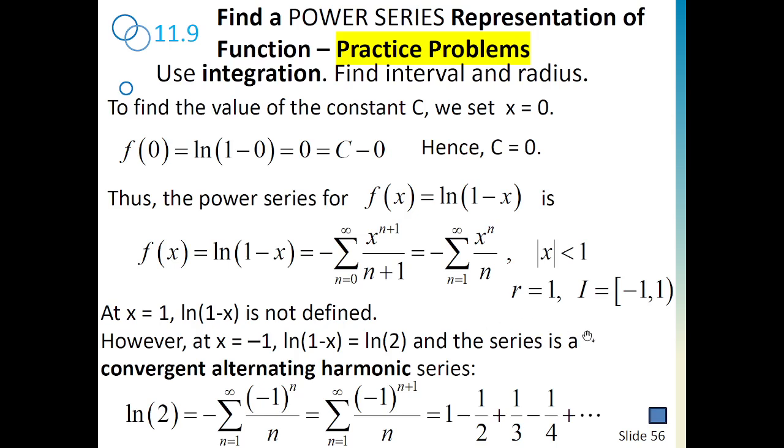We know it already by the alternating series test. So in this situation, the radius is still the same, but in the interval of convergence, or for the equality, minus 1 also is okay. So any value between -1 and 1, including -1, but excluding 1, because we saw that at 1 the function is not defined.